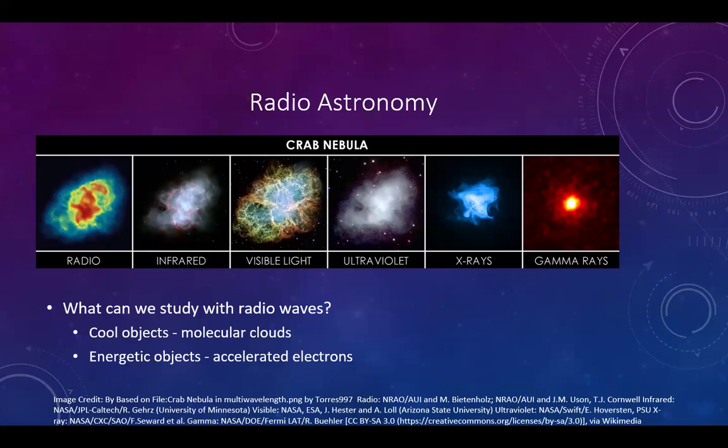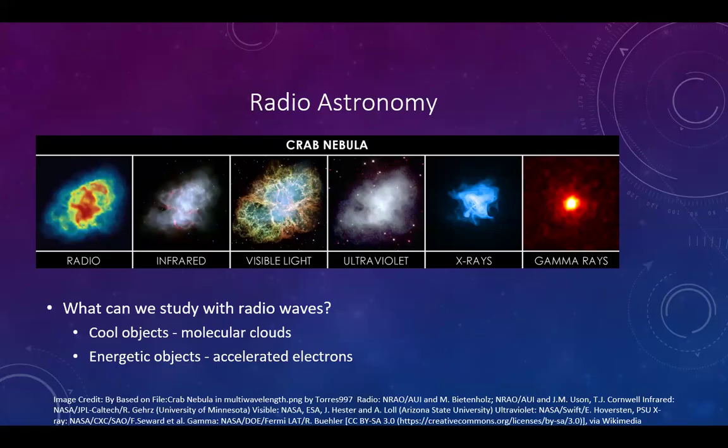Radio waves let you study big clouds of gas throughout the universe. Because it turns out there's a transition in hydrogen that can occur that's fairly low energy, but because of this, it happens very often. And it puts out radio waves that are 21 centimeters long.